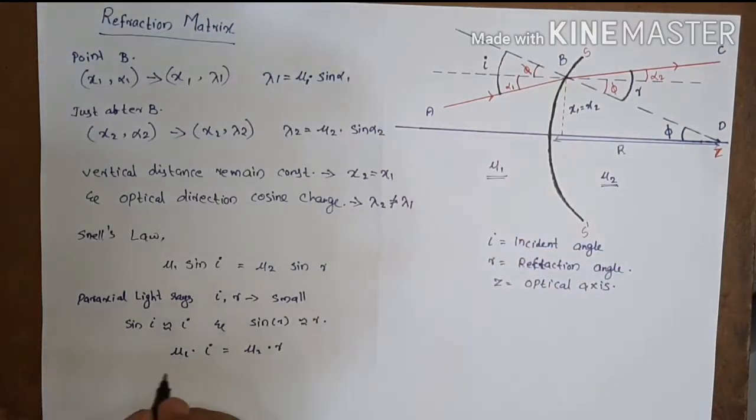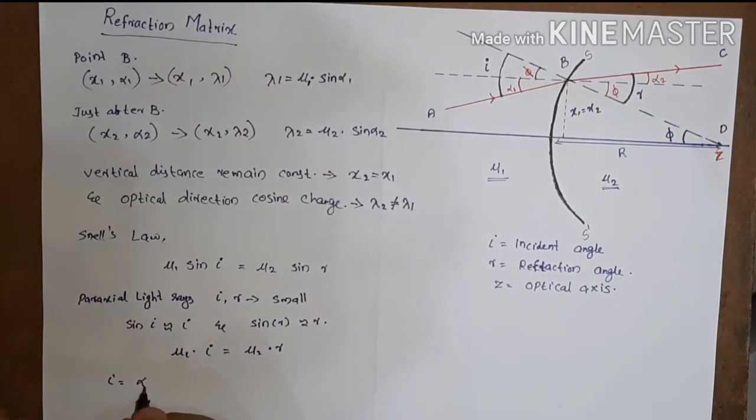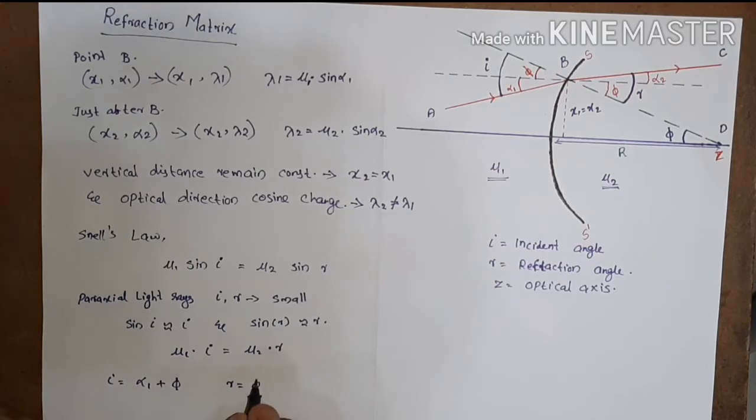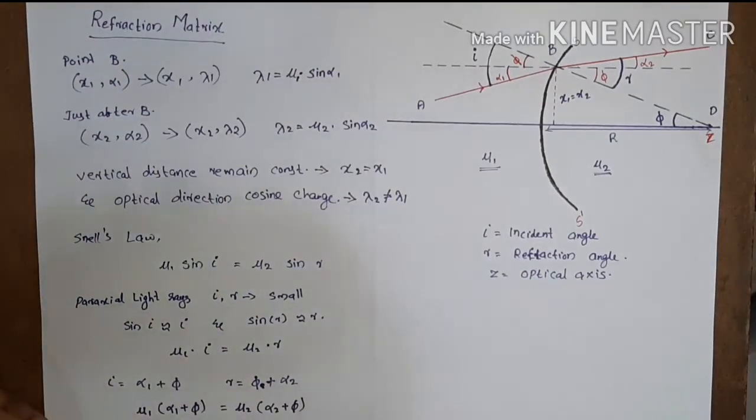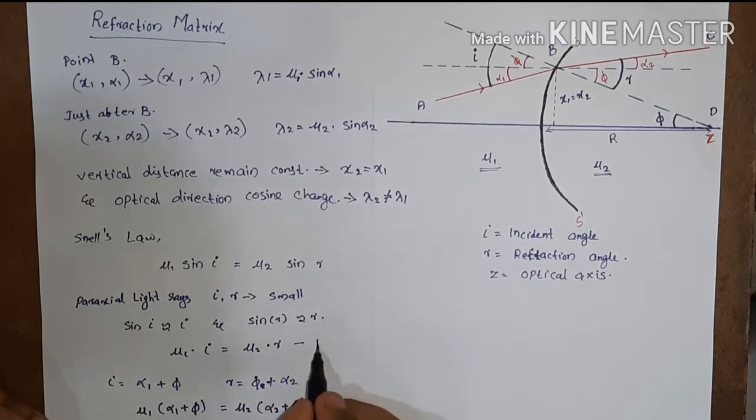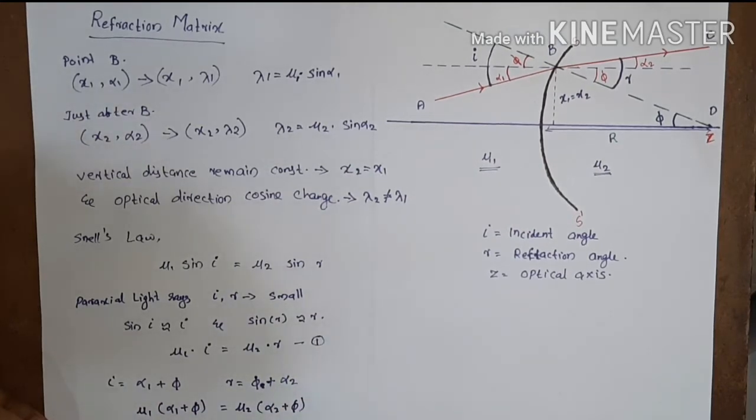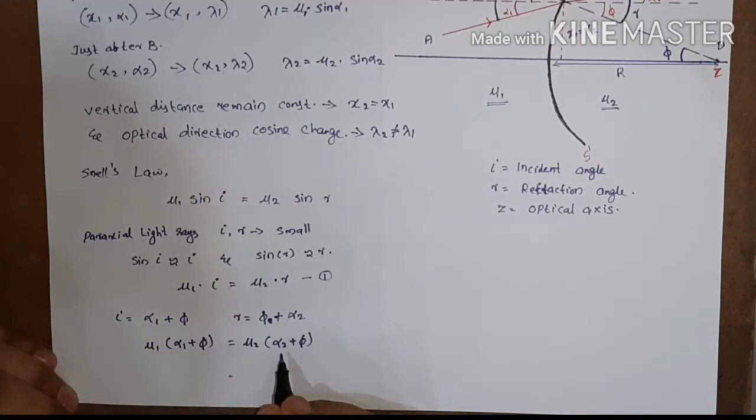So I is equal to alpha 1 plus phi, and R is equal to alpha 2 plus phi. Substituting these values of I and R in this first equation, let us mark it as equation 1, I can write mu1 into alpha 1 plus phi equal to mu2 into alpha 2 plus phi.